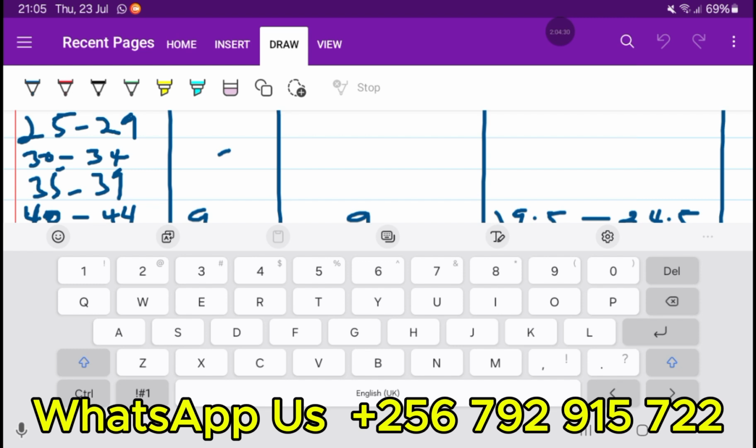You draw and join the curve, and once you have drawn the curve, then you get these positions. For the first quartile, you get 1/4 times the frequency.